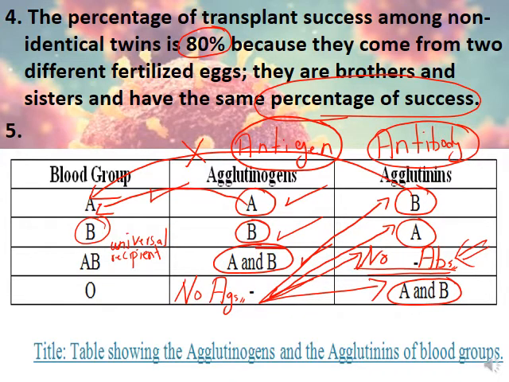So here we call blood group O universal donor. It can donate to all blood groups. So blood group O is generous, it can donate blood to all blood groups, while AB is stingy, it can receive from all blood groups. It's called universal recipient. Okay.